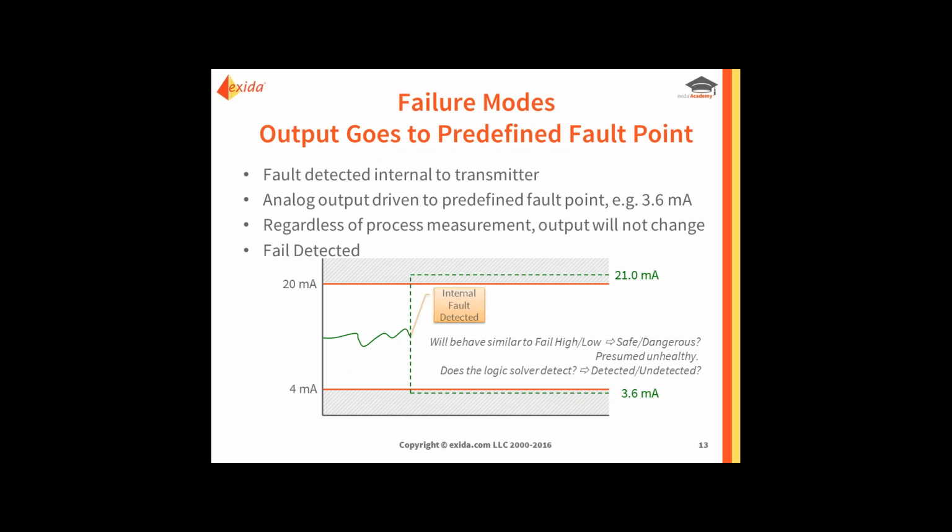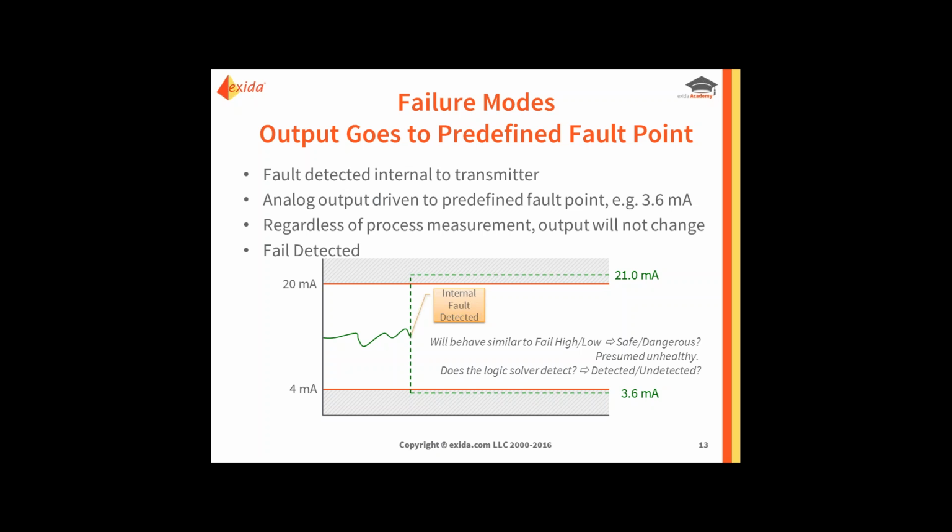Then we have failures that will be driven to a predefined fault point. Your modern transmitters have a switch or a jumper setting that will indicate if you want to drive outputs to a low value or a high value based upon an internal detected failure.